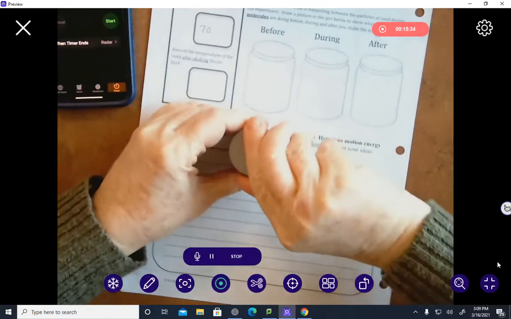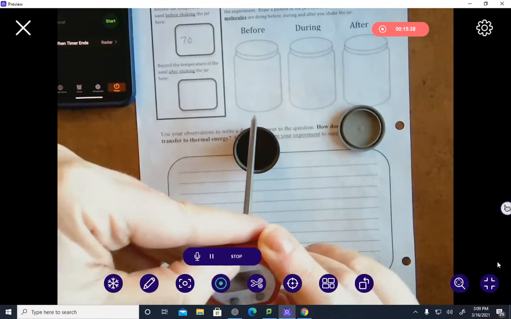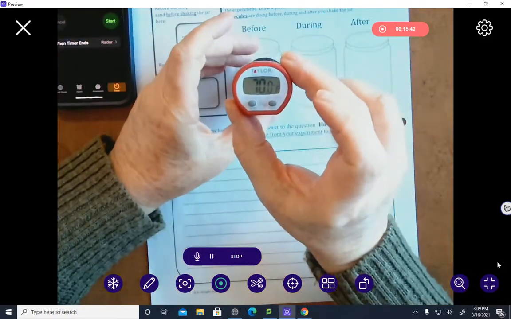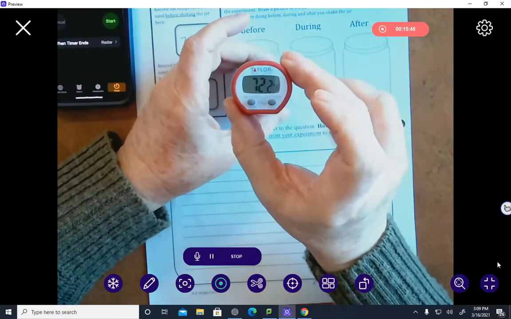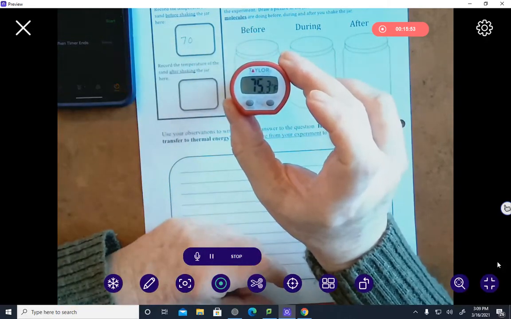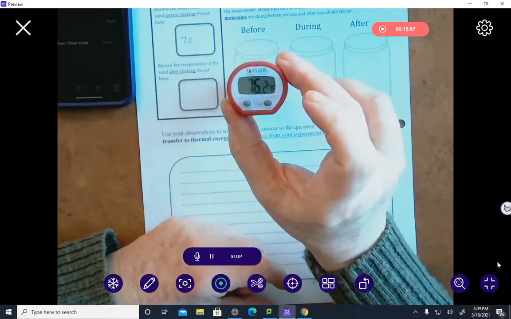Okay, so here we go. I'm going to take that up, and then I'm going to put the thing in here and see. Oh, it's already. So we can see that it definitely, 76.